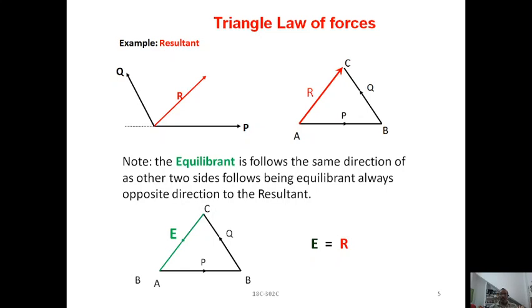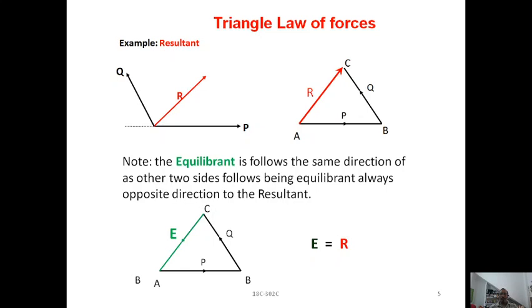If the other two sides are in clockwise direction, then the resultant should be in anti-clockwise direction. If the other sides are anti-clockwise, then the resultant should be clockwise. For the equilibrant, E should be obtained opposite to the resultant, that means in the same direction as the other two forces.